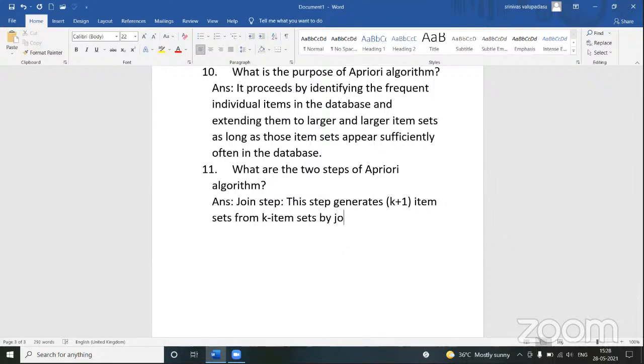By joining each item with itself. Second step here, prune step.